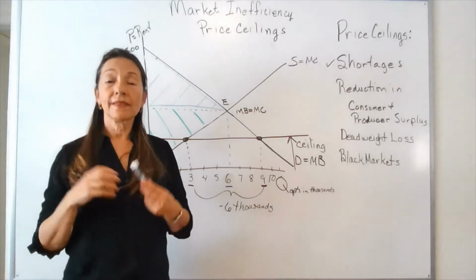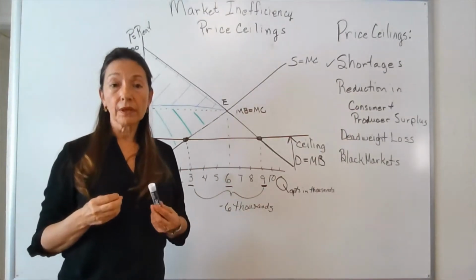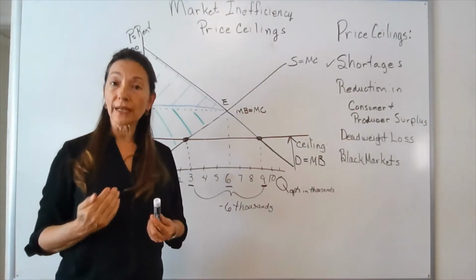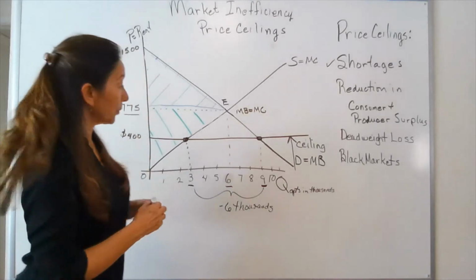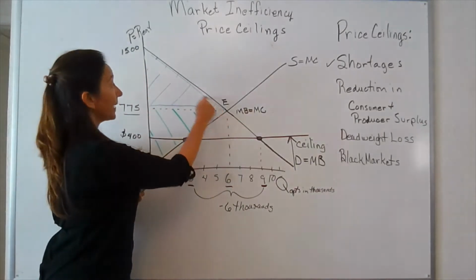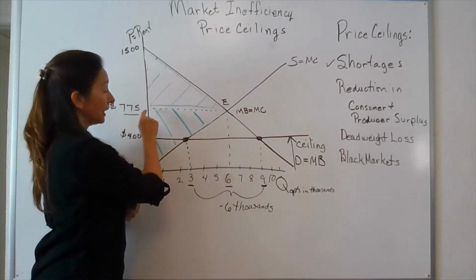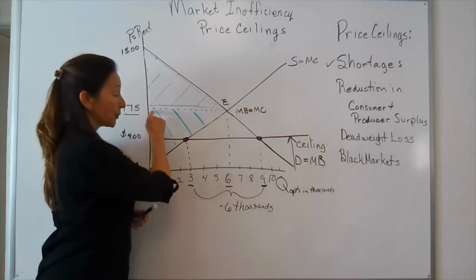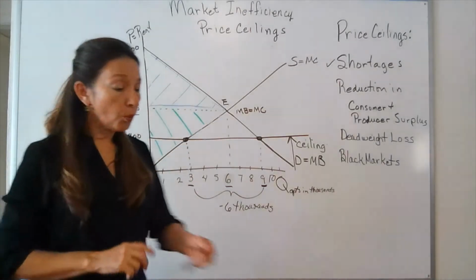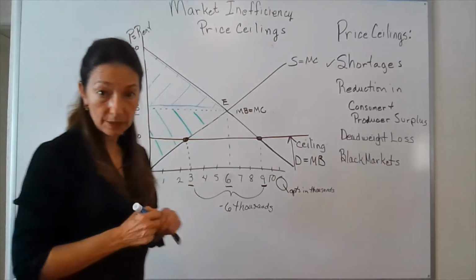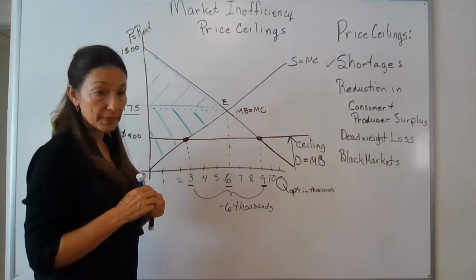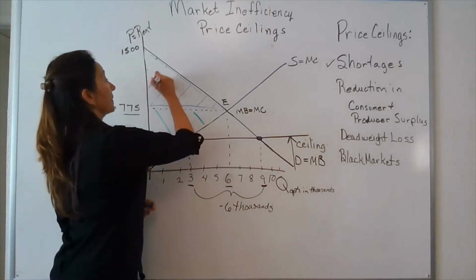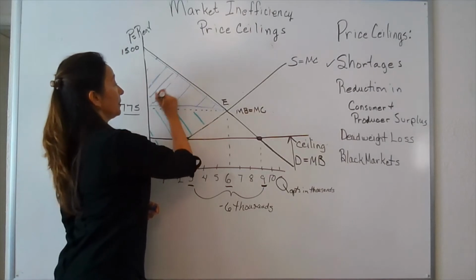Then we also have a reduction in producer and consumer surplus. So again, these are our triangles for consumer surplus, and this is our triangle for producer surplus. When we put in a price ceiling, the following happens. I'm just going to draw in these blue lines a little bit darker.